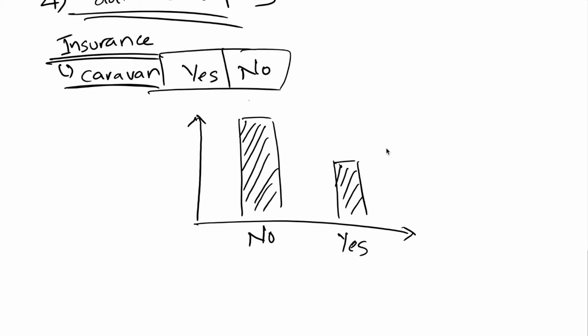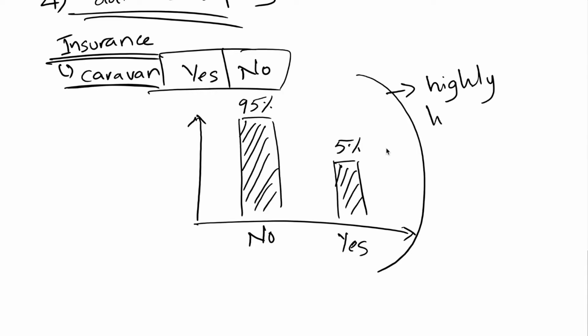Let's say this data is split in 95% of the people in your data set not having a caravan insurance and 5% of people actually owning a caravan insurance. Now, what is the problem with this specific data split? The major problem is that this data is highly imbalanced.